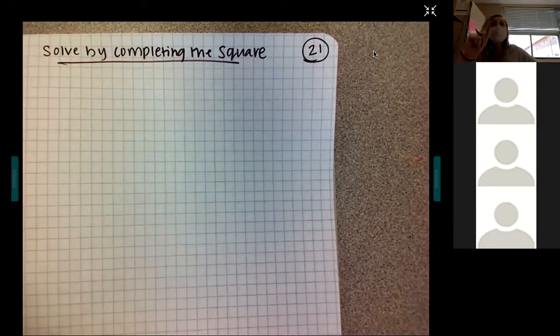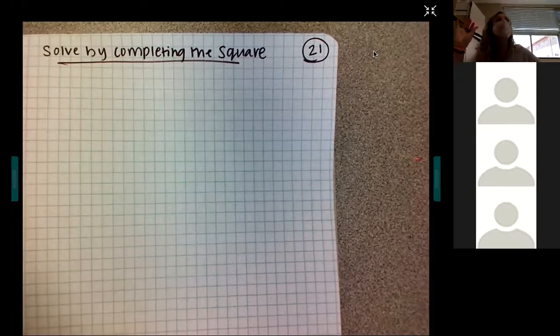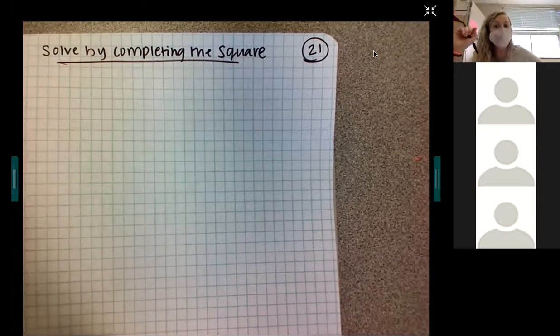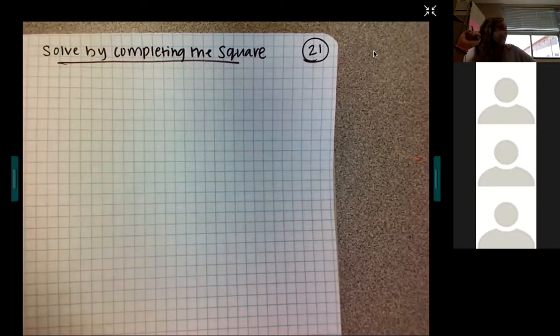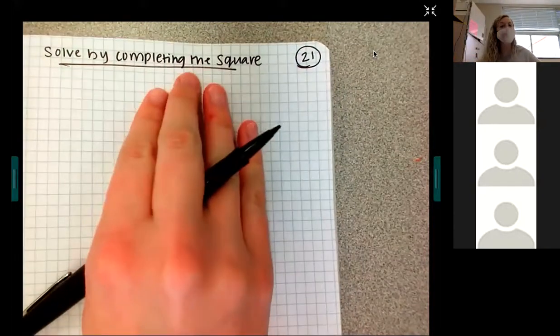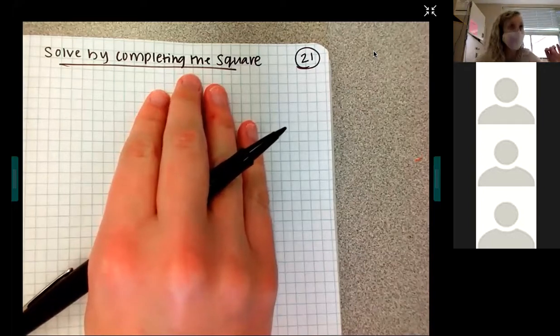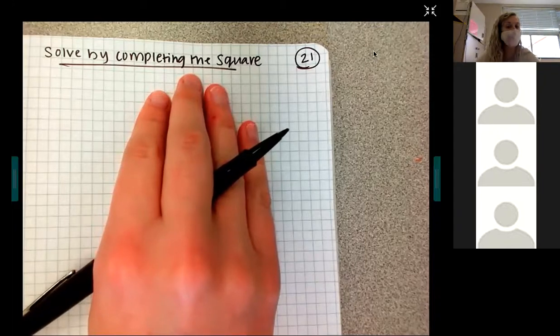Now, if you can't factor it, if the b is missing, or if it's in vertex form, then what is fastest? Square root method. What I'm going to show you today, completing the square, we're going to use this when it's in standard form. Did everybody hear me say that? Standard form, so we're going to write that down in a minute.